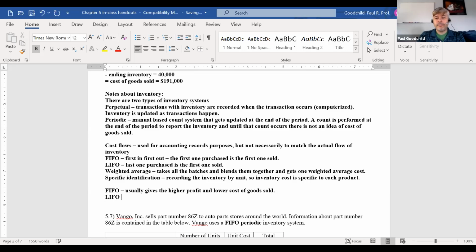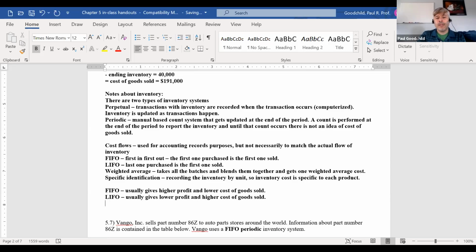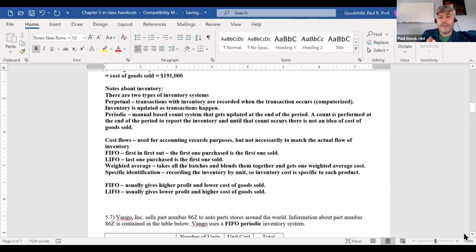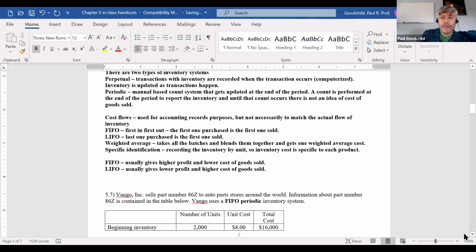LIFO usually gives lower profit and higher cost of goods sold. And the reason is because typically the cost of goods increases during the year.